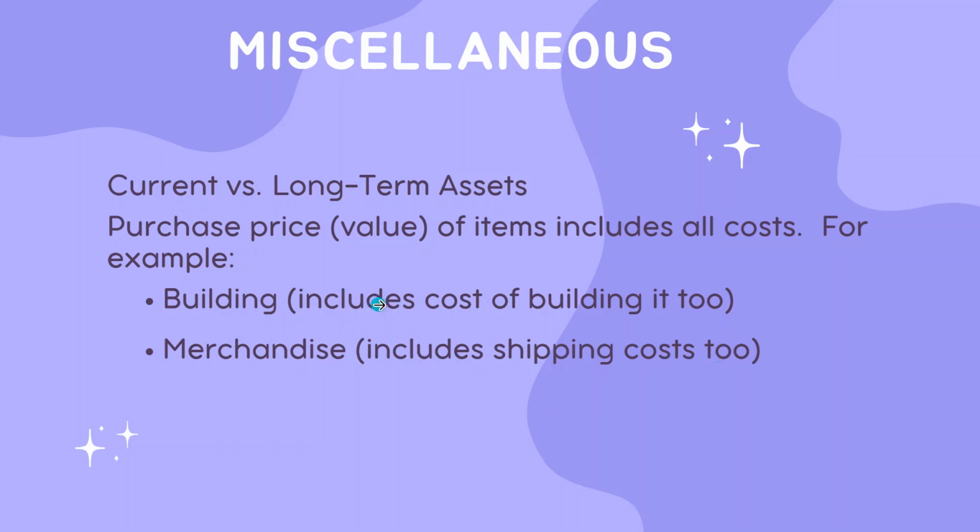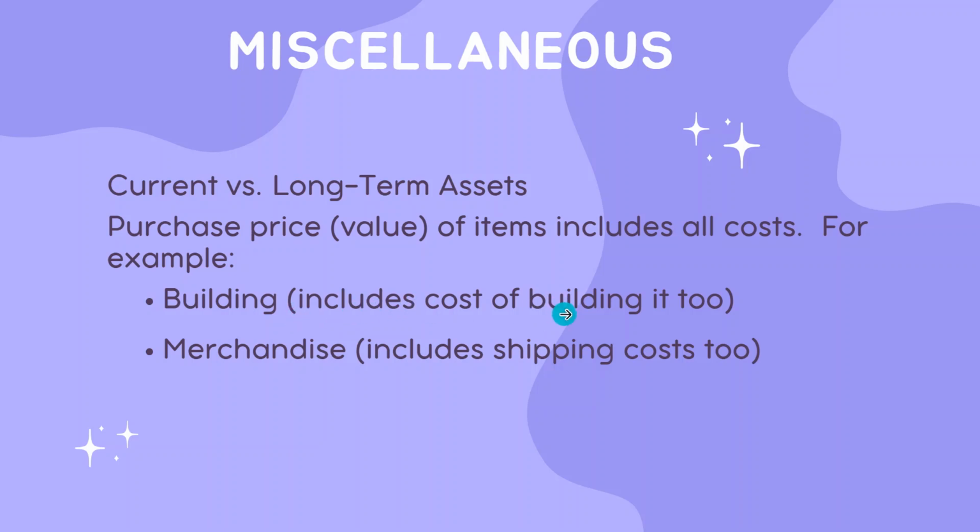A building includes the cost of building it too. So you have to pay construction workers. Okay, so let's say that you buy a metal building. That metal building costs $500,000. You're not going to debit your long-term asset of building for $500,000.